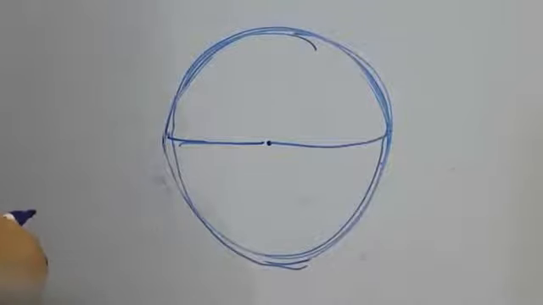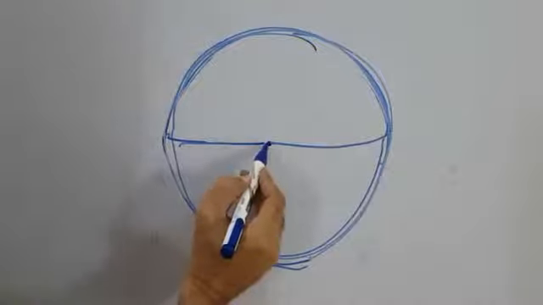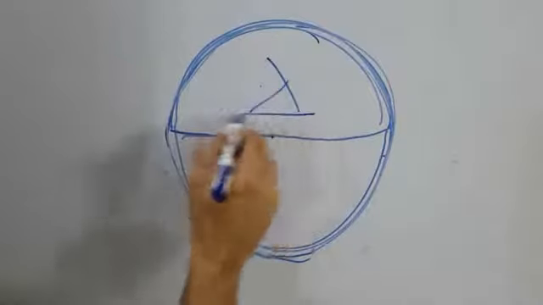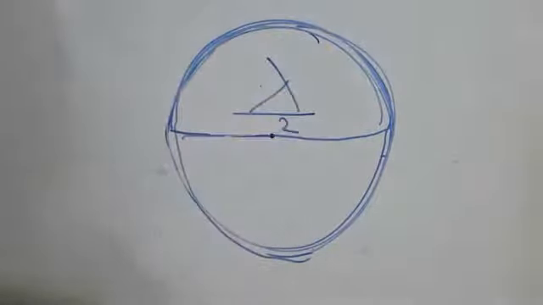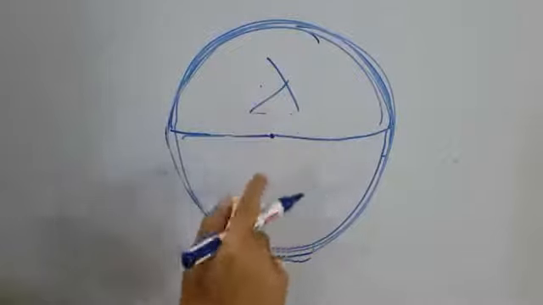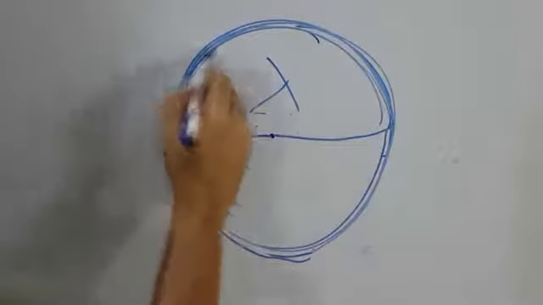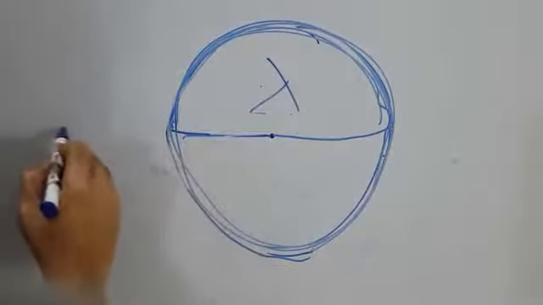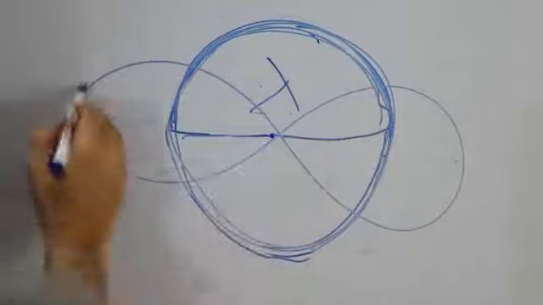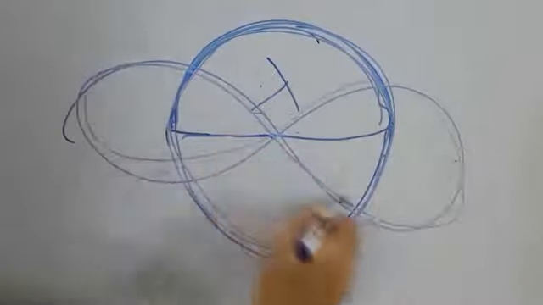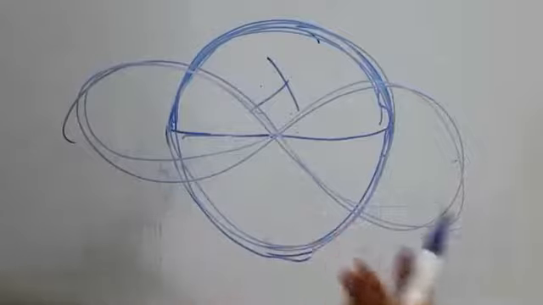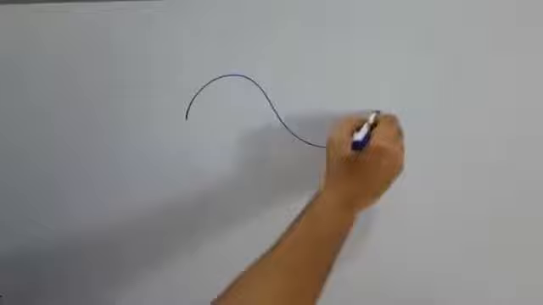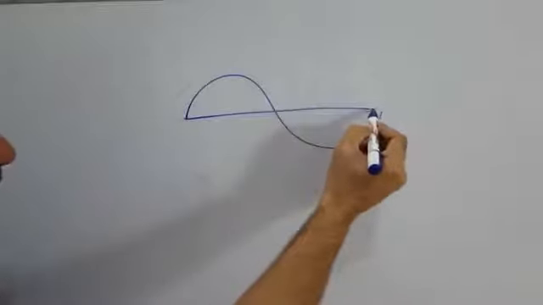It should not destroy itself with destructive interference, so it can be either lambda by 2 or lambda. If it is lambda by 2, this will be the wave produced. If it is lambda, then one complete wave shall be produced, and so on.